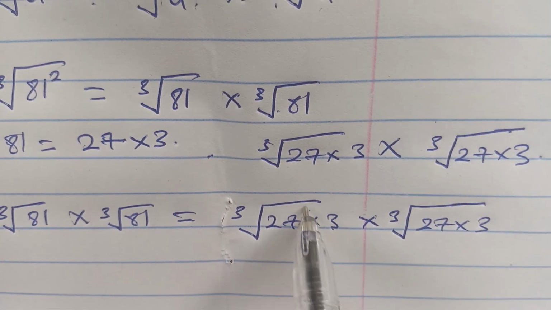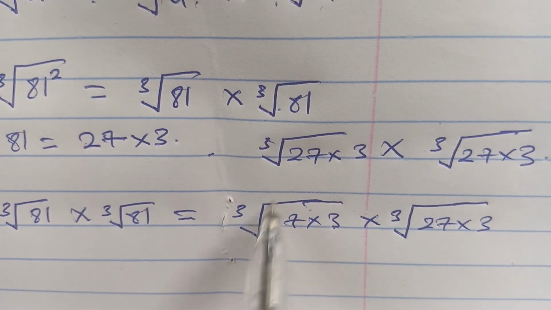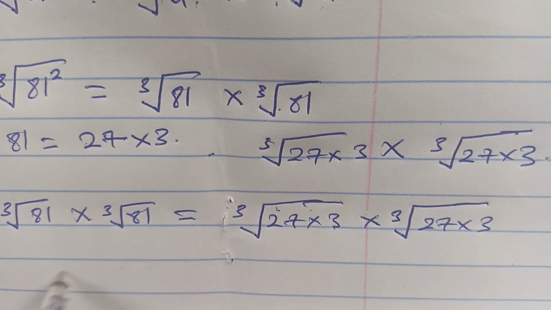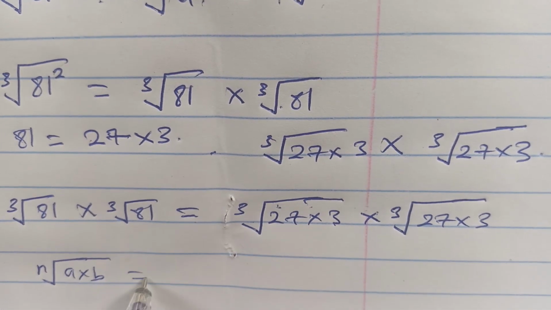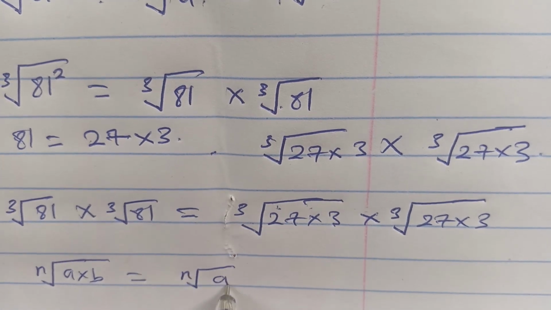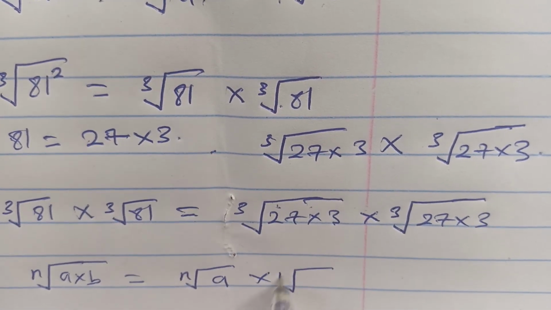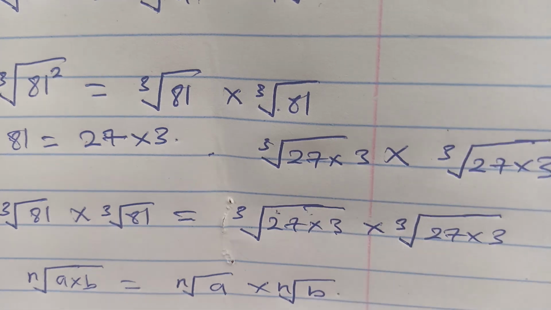From here we are going to apply a principle which says the nth root of a times b is equal to the nth root of a times the nth root of b.